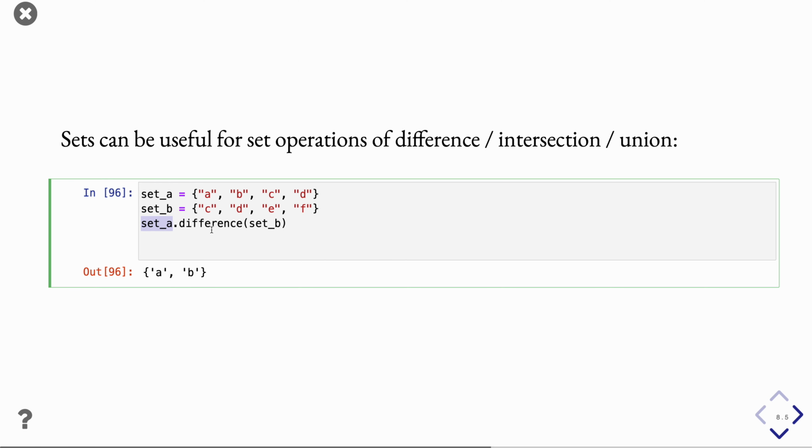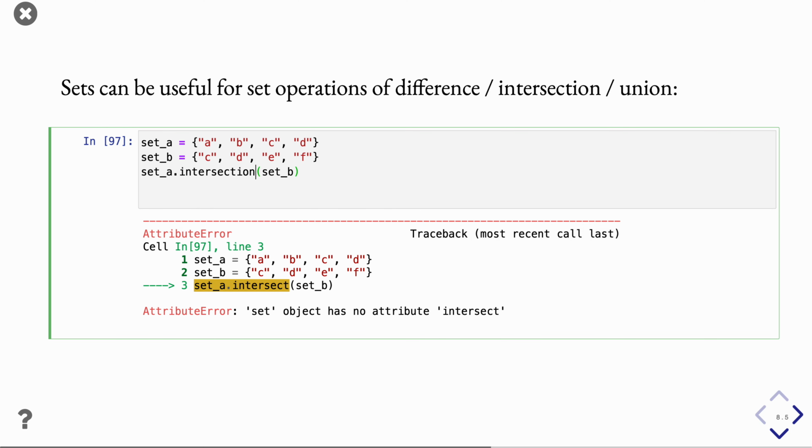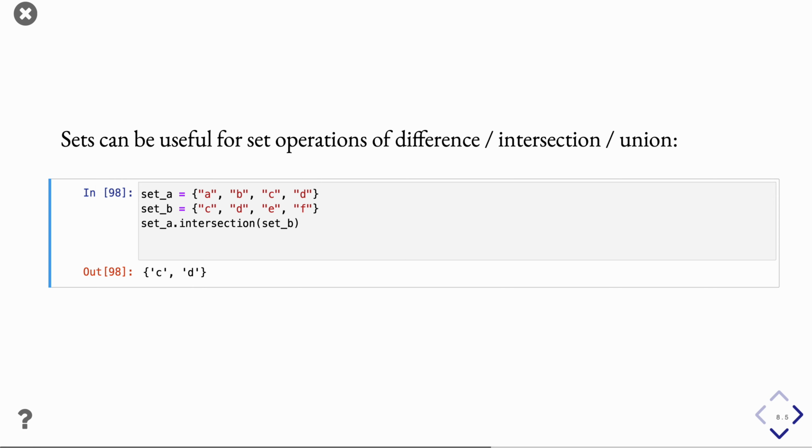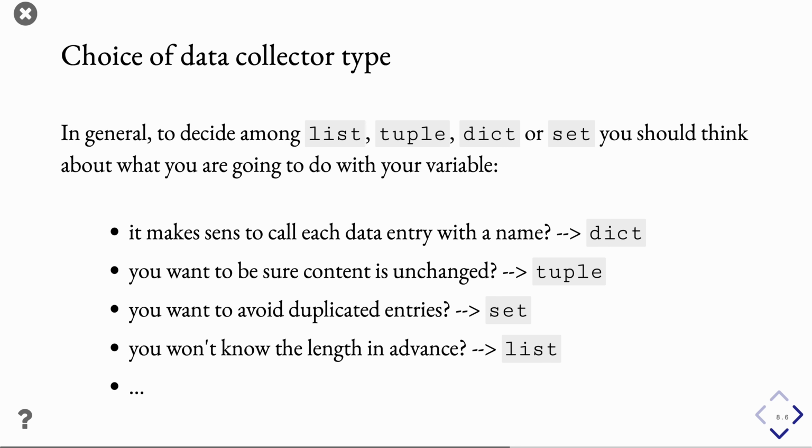And there is also an intersection, which is the set intersection operation, which is everything that is in set A and also in set B. So those are set operations from high school: intersection, union, difference. Those are sometimes useful operations to do on stuff that you have put in a variable.